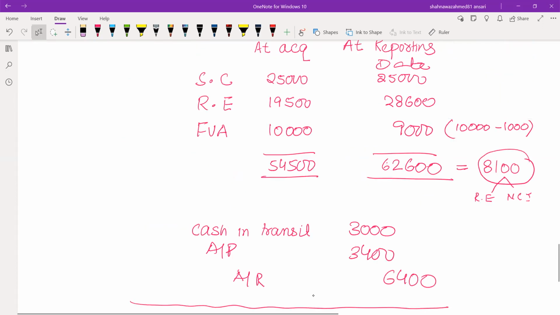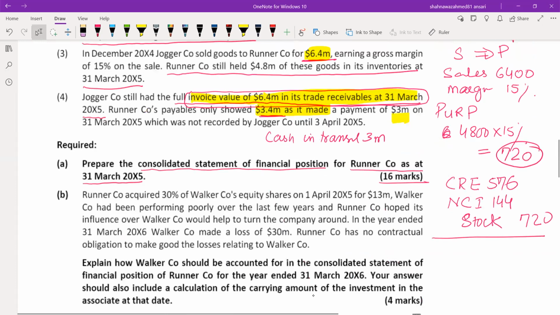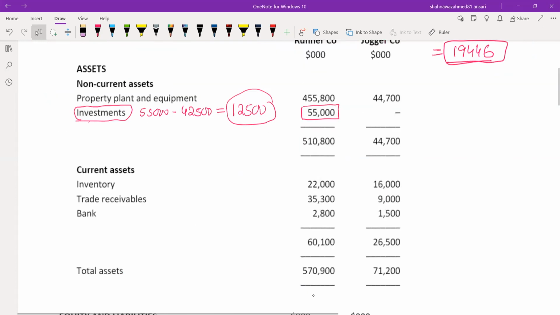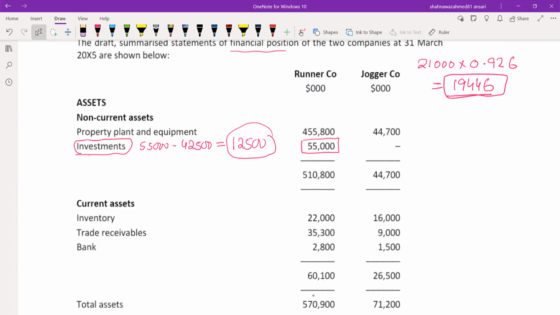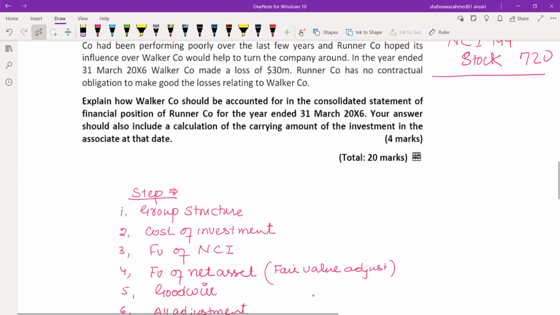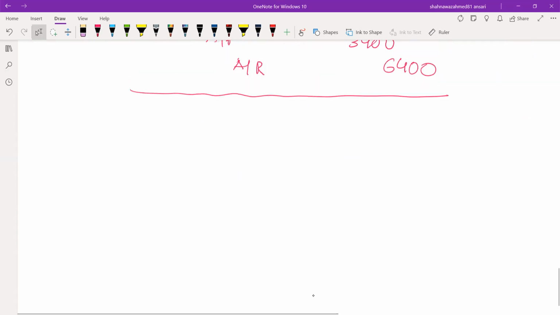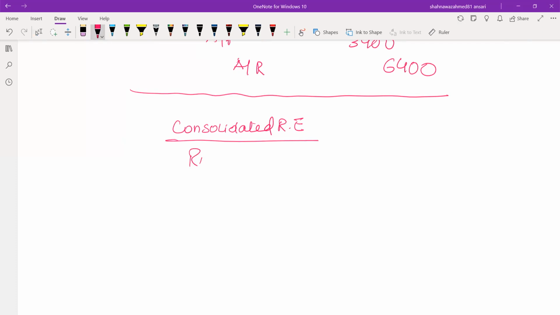All done. All the adjustments we have covered. Now we need to prepare a consolidated SOFP. So we'll combine all the assets, liabilities, and goodwill all together. But before moving on to this, we need to calculate two important figures. One is consolidated retained earning, and the other one is consolidated NCI. So let's take the parent's retained earning first of all. It's Runner Co.'s balance sheet date retained earning, which is given in the question.